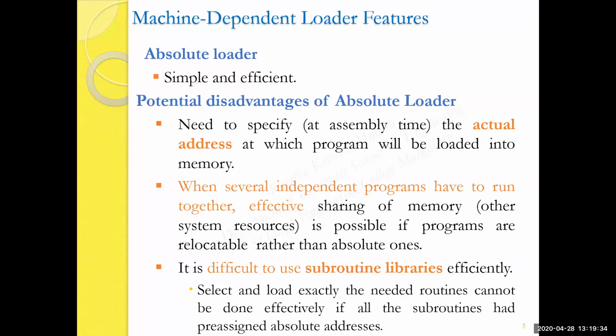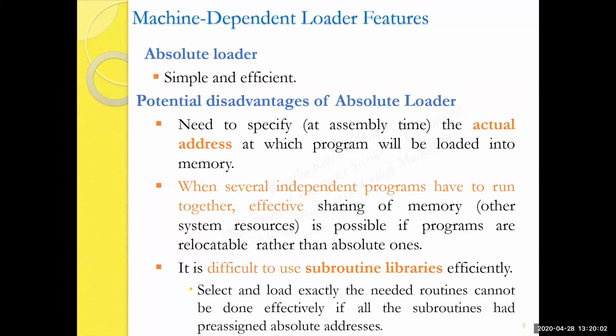So another difficulty is the effective use of subroutine libraries. Generally, most libraries contain many more routines than will be used by any one program. In order to make efficient use of memory, it's important that we are able to select and load exactly those routines that are needed.